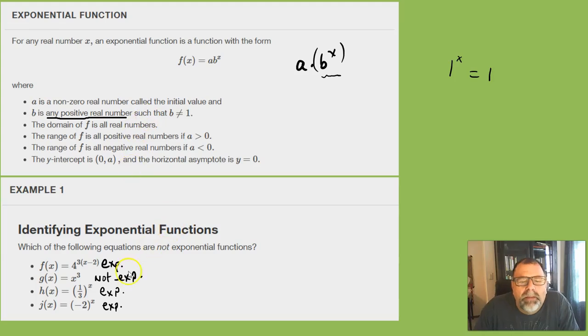So it can be 1/3, that's fine, but it can't be -2 or -1 or -1/2. So this one is not exponential. That one got me because I wasn't paying attention. So that's a nice learning opportunity.